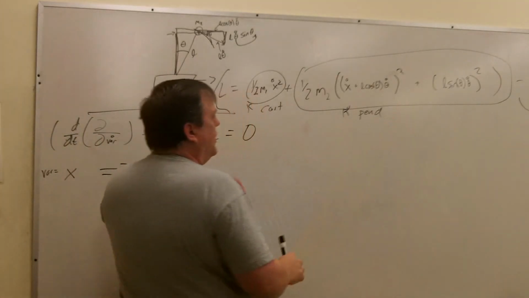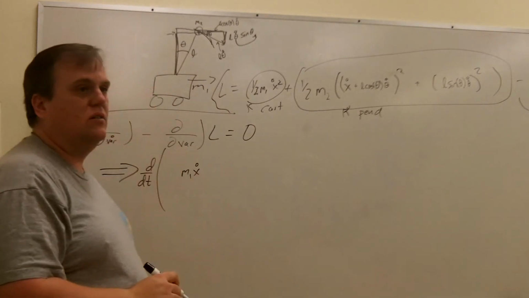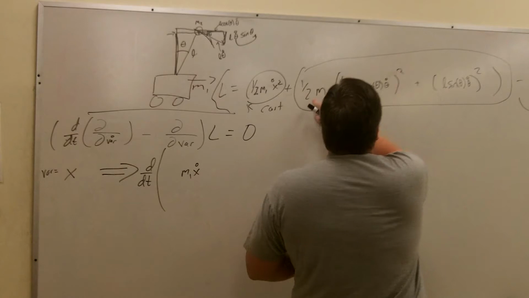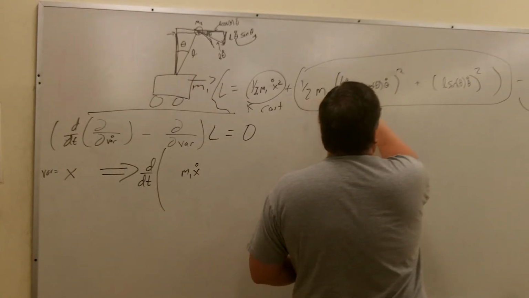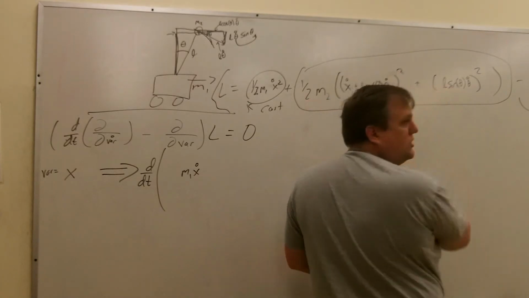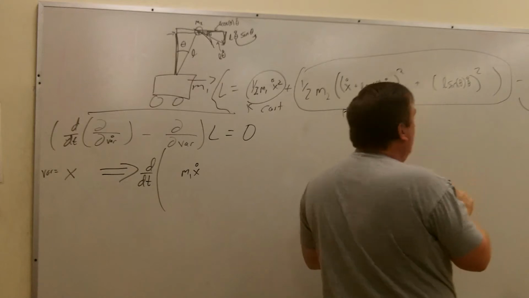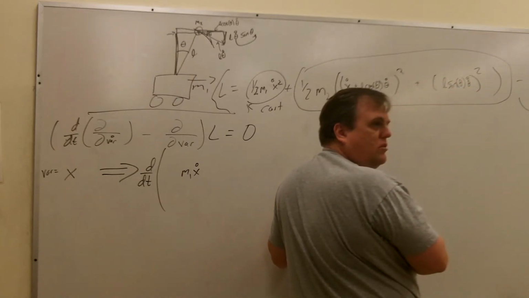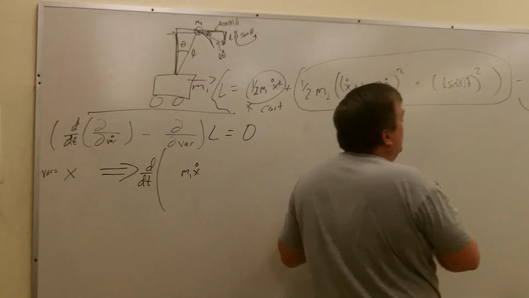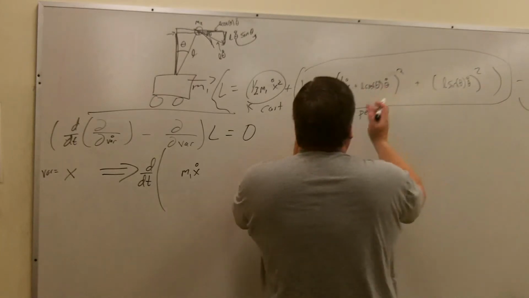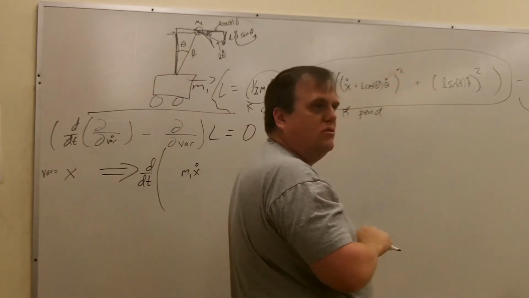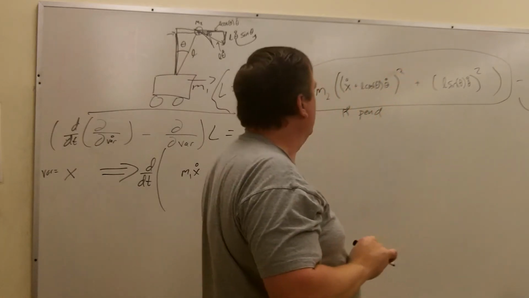Any other terms involving x dot? Yep, right here. Now, realize I can distribute this so that this multiplies this term and this multiplies this. So when I take a look at the x dot in here, I don't have to worry about that term, because there's no x dot. So it's just 1/2 m2 times this squared, and I'm taking the derivative with respect to x dot.